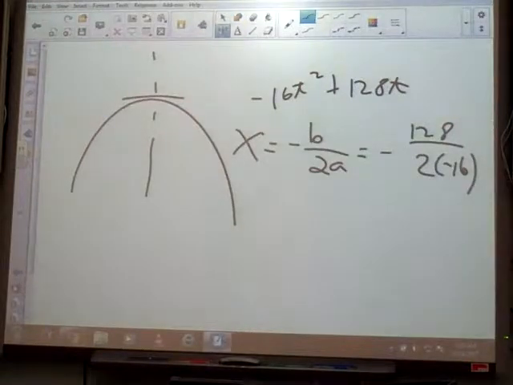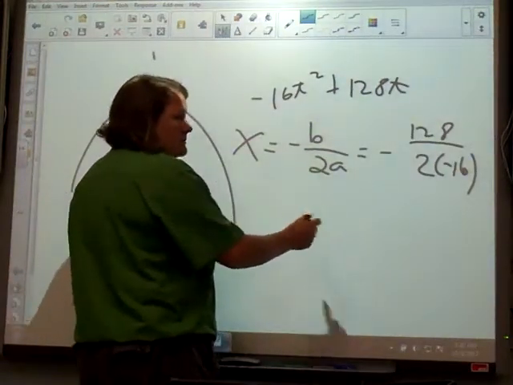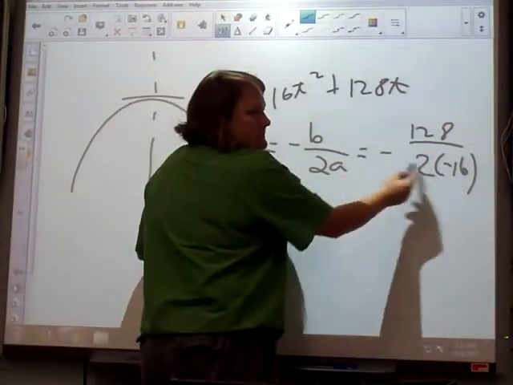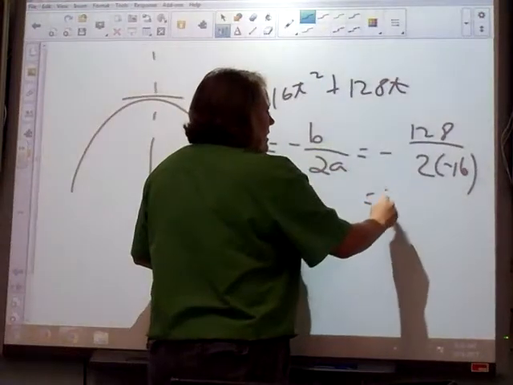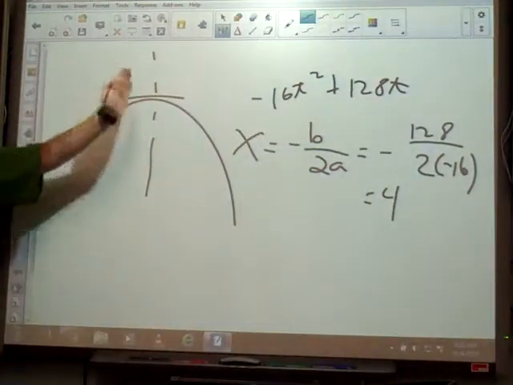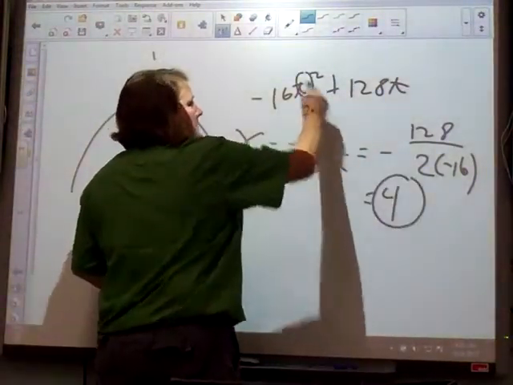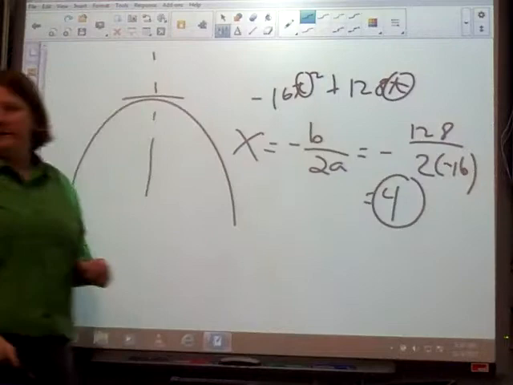Negative 32? Oh, no, it's negative 2. Get 4, Chloe? Yeah, because the negative by negative makes it positive. So I wasn't stressing over that. Alright, so we got 4. 4 is not your answer. That's the axis of symmetry. Now we got to take 4, plug it back in to figure out how high our golf ball went.